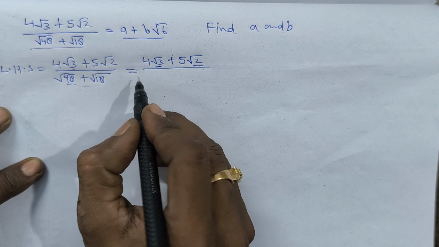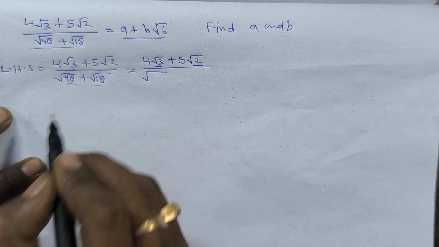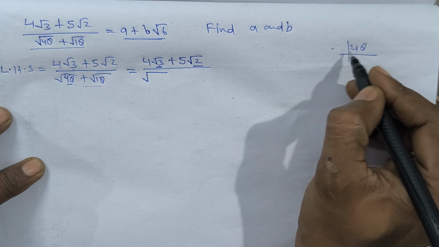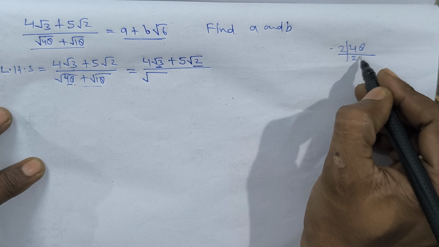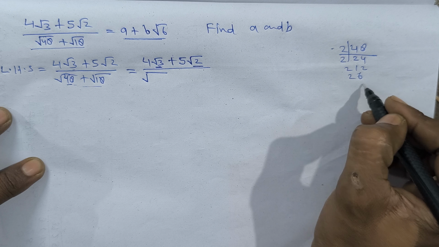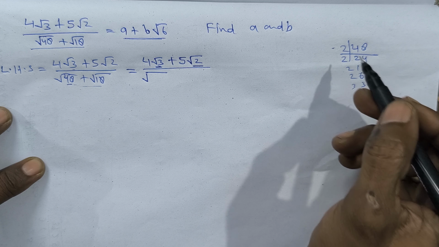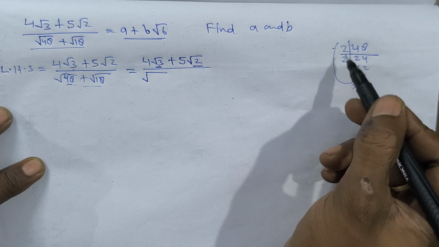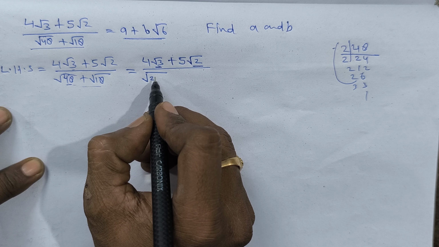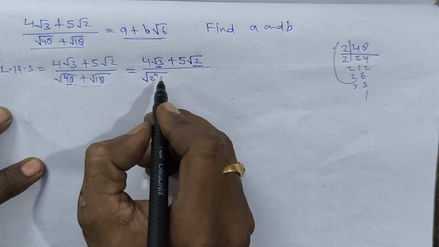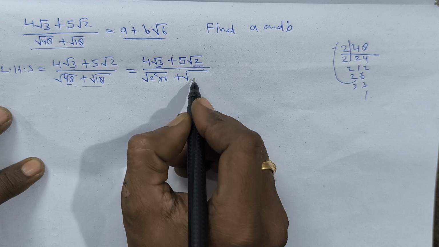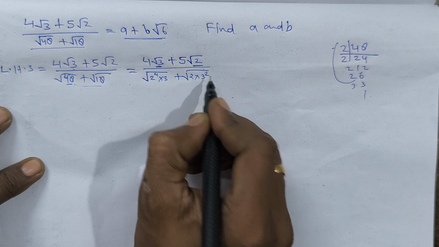Root 48 we can write as 2 into, doing the factorization, 48 is 2 times 24, 2 times 12, 2 times 6, 2 times 3, so we have 2 power 4 into 3. And root 18 we can write as 2 into 3 power 2.